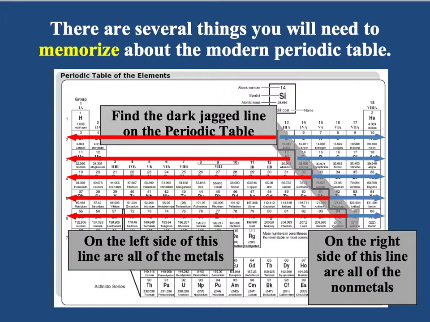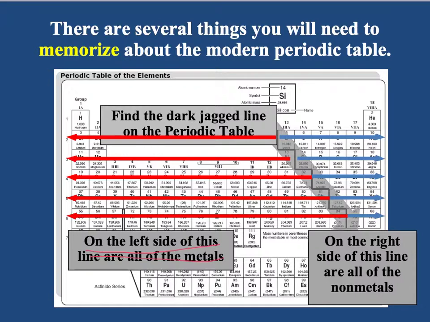Okay, so looking at the periodic table, there is a darkened black line, and it looks like steps. It's a zigzag line. That line divides the periodic table into a left side and a right side. All the metals on the periodic table are found on the left side of this jagged line.